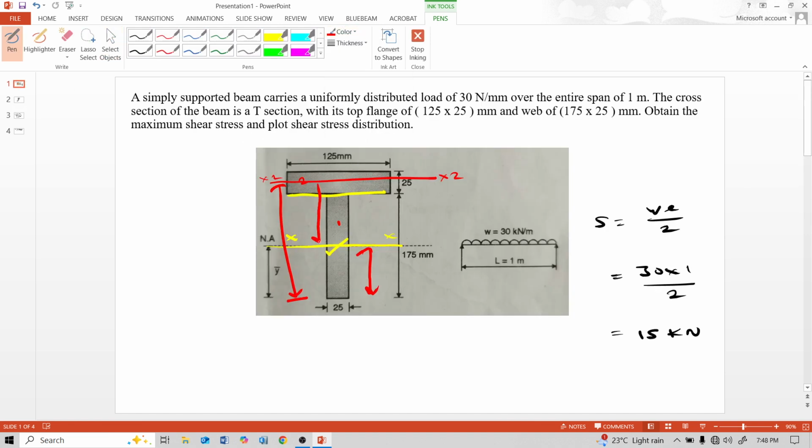This 58.33 is the CG of area above the junction with respect to the neutral axis.